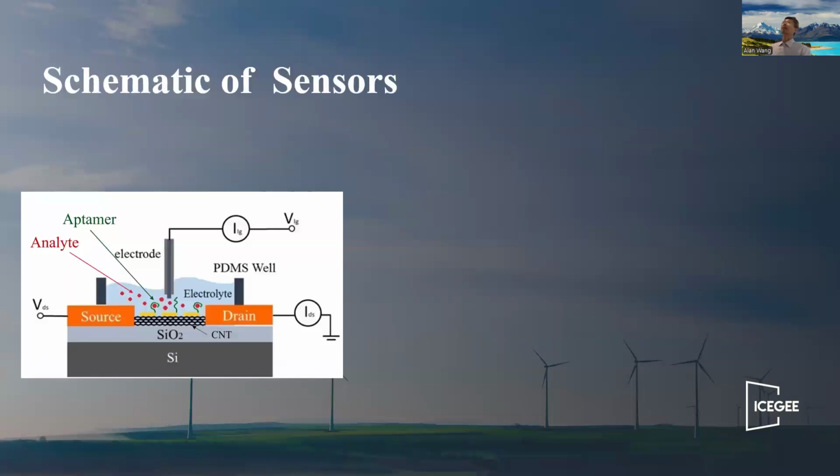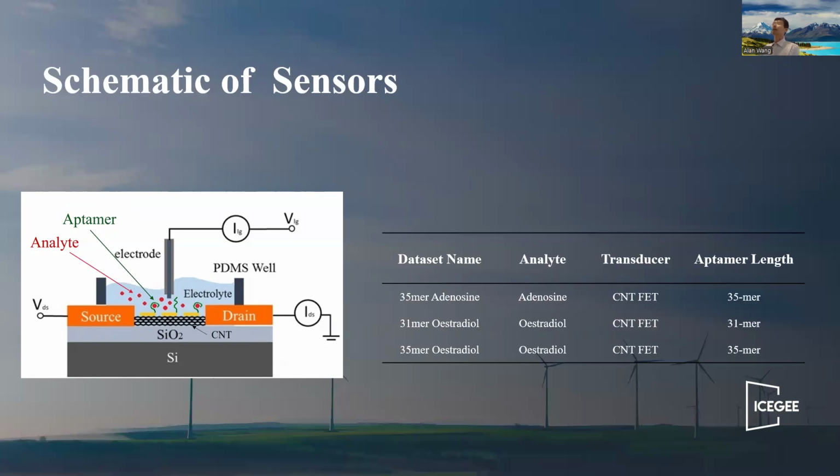So this is the schematic of the sensors, the aptamer analyzer as shown in the left figure. By utilizing the electrode, we can obtain some measurements and obtain the key metrics regarding the different electrolytes and also the measurement of the electrode. In this study, we have collected three data sets as shown in the table on the right side.